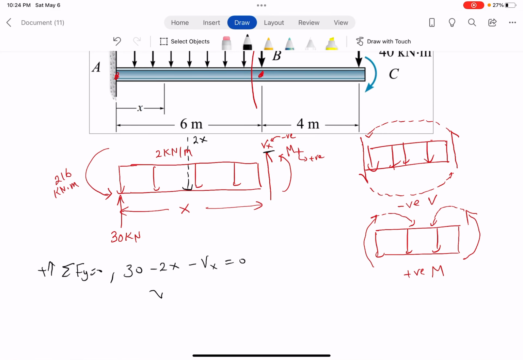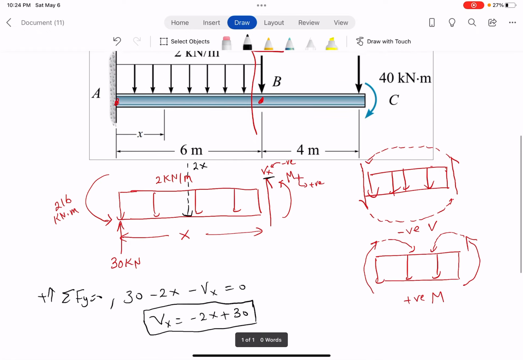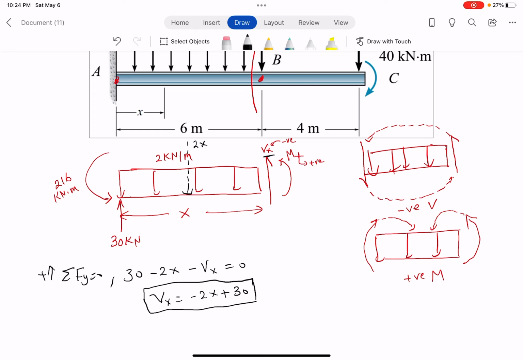So Vx, you take it to the other side, is minus 2x plus 30. This is the shear equation for the segment AB.